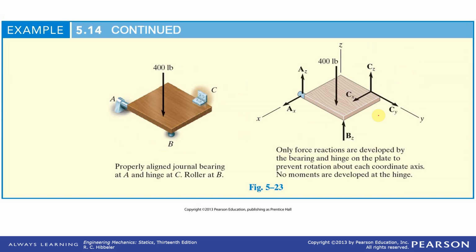Here's another example. Again, the statement says no moments are developed at the hinge. So you can just draw the forces. And it looks like we have a journal bearing here. Yeah, a journal bearing. If it was a thrust bearing, you'd have an A sub y.